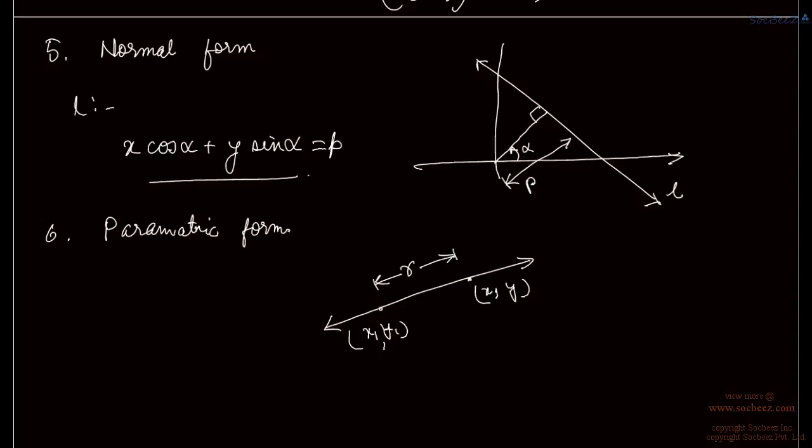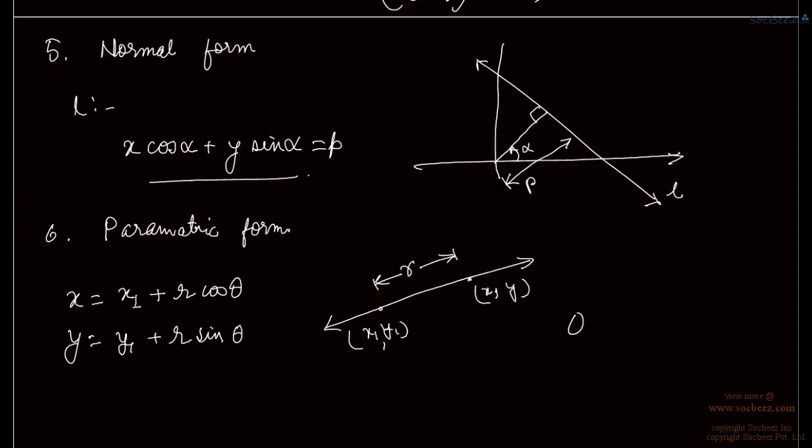So x can be written in terms of x1, y1 and r as x is equal to x1 plus r cos theta, and y is equal to y1 plus r sin theta.